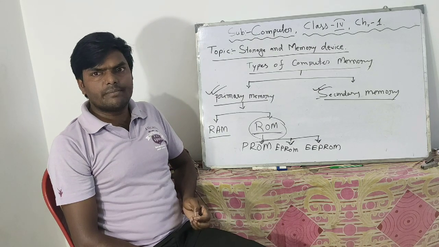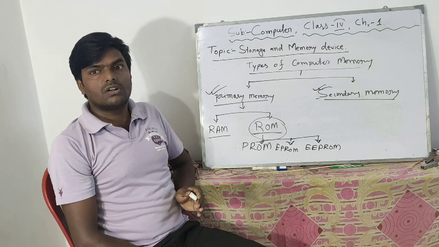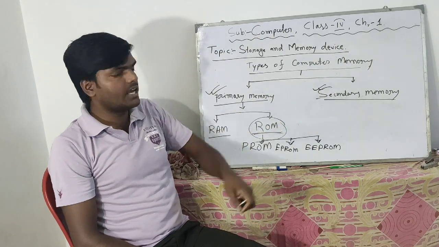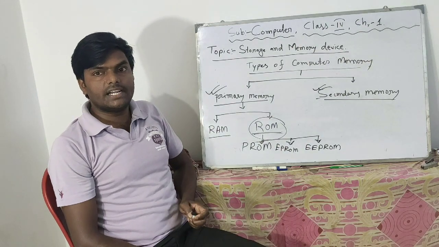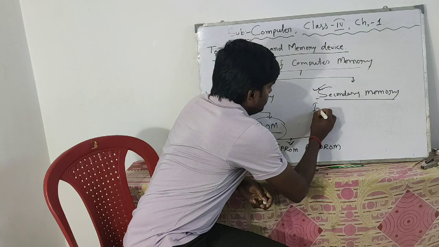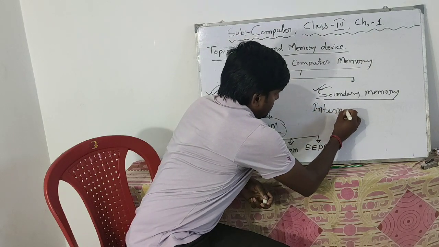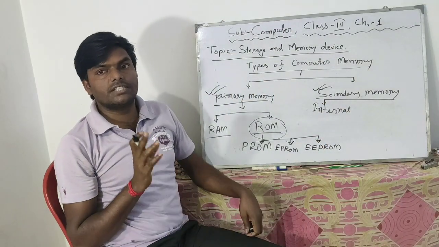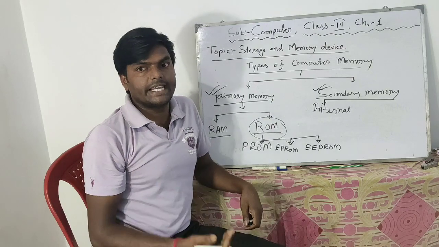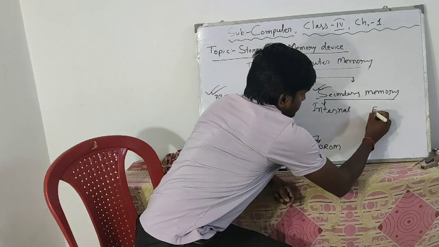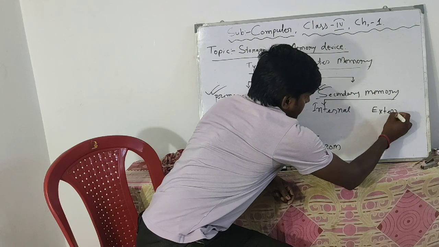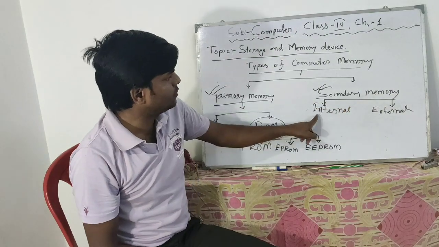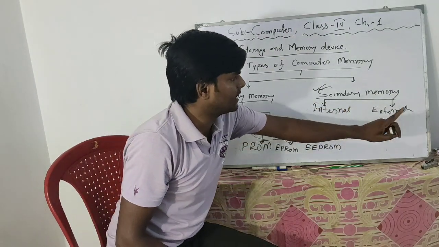Clear? There are two types of secondary memory storage devices. First one, internal storage device, and second one, external storage device.